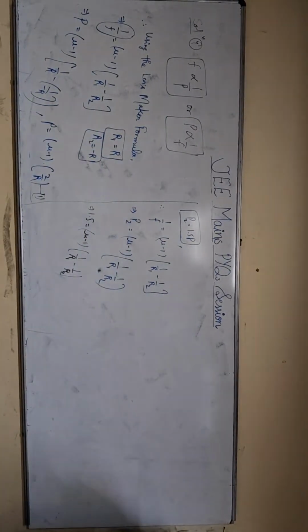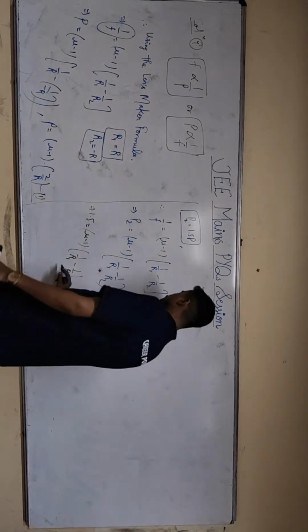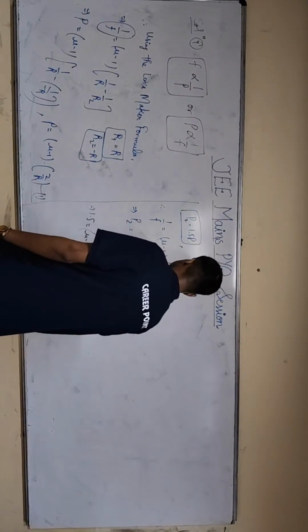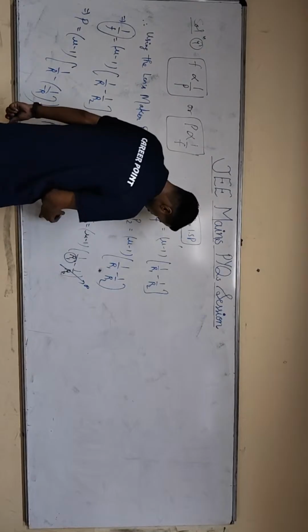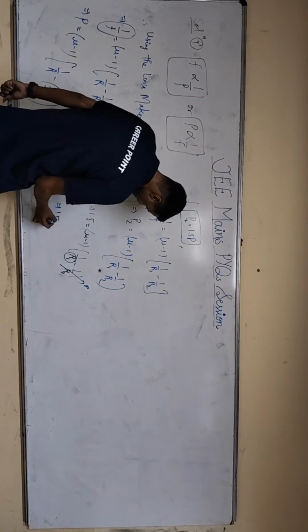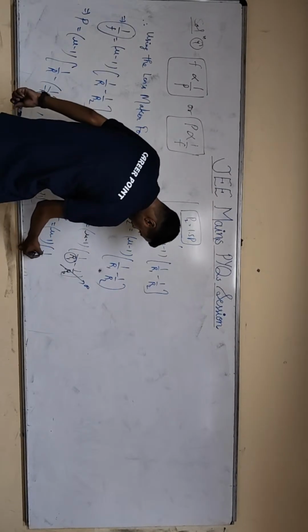In the second equation, R2 tends to infinity, and R1 becomes R1 dash.